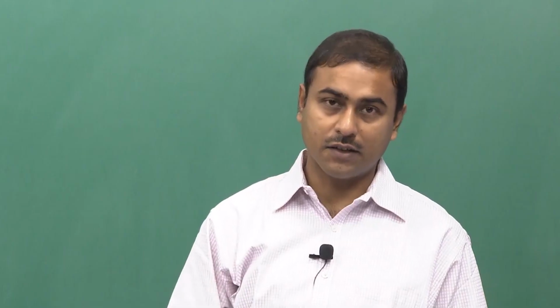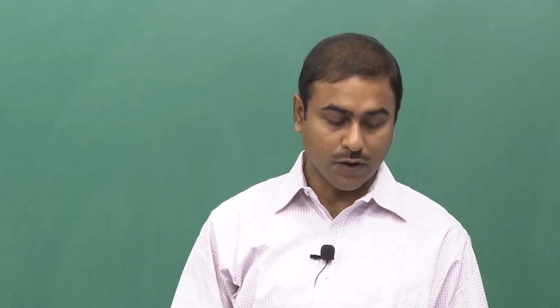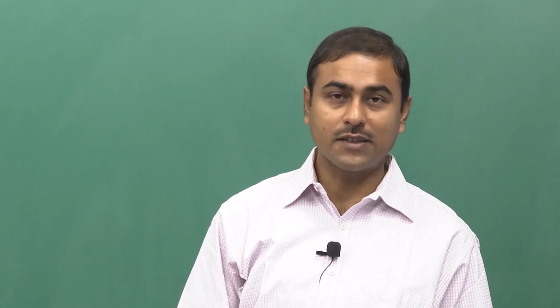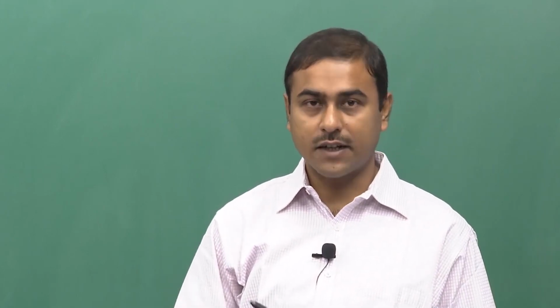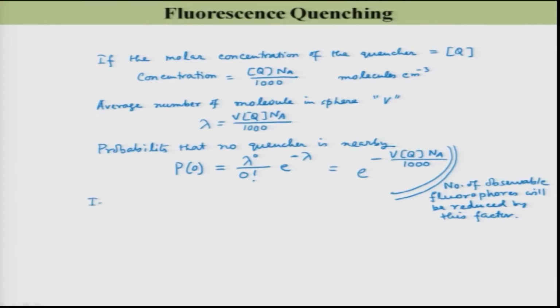Then whatever I0 I will get, that is the real I0. Then when I add the quencher, the decrease of the fluorescence intensity should follow my dynamic quenching, right. Otherwise, it would look like a combined static and dynamic quenching. So, now if I multiply I0 by e to the power minus V Q Na by 1000 divided by I, this should follow this equation.